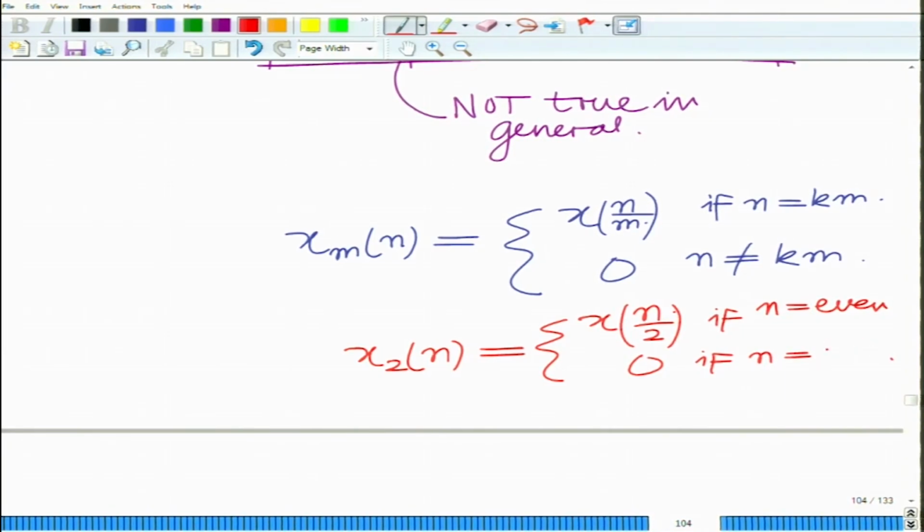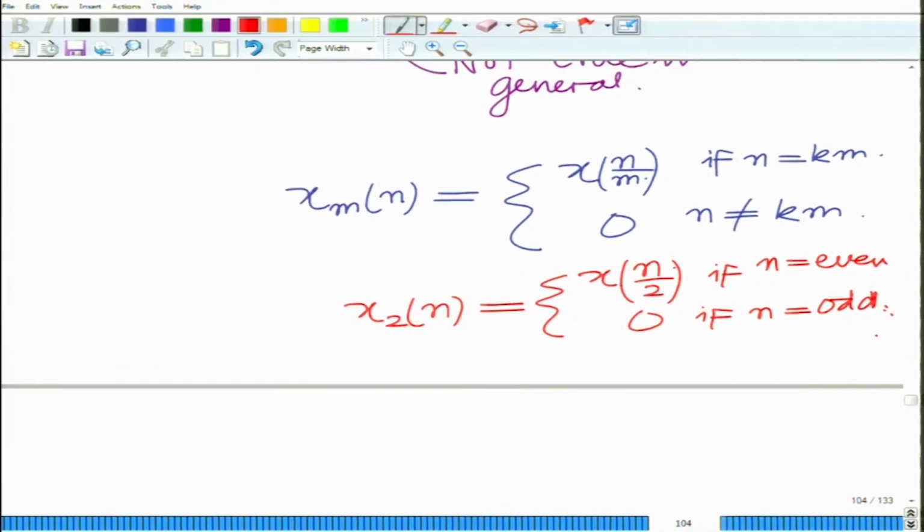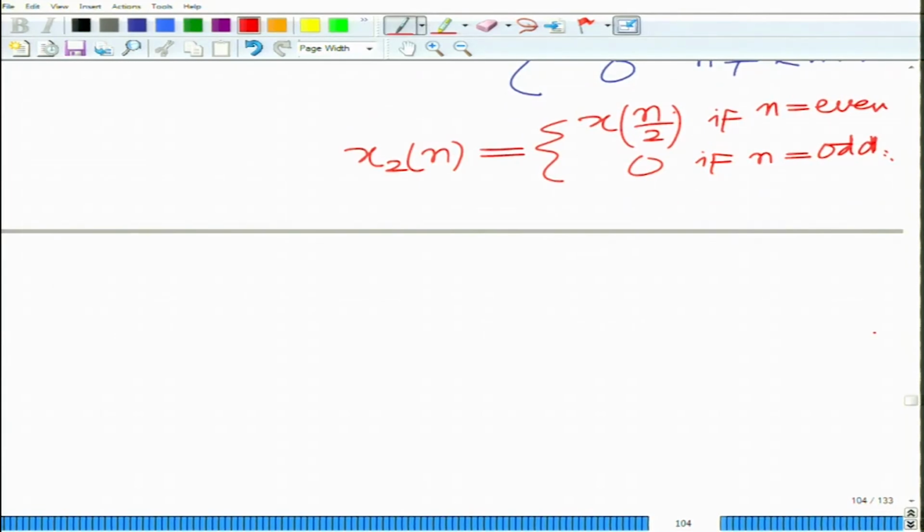Let us consider this for instance, and this signal can be visualized as follows.